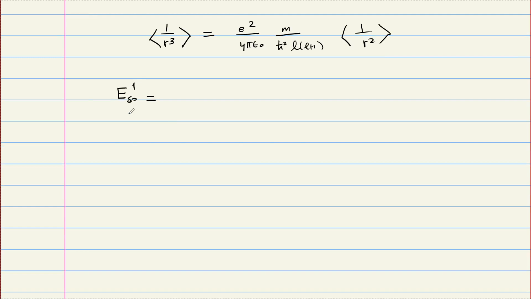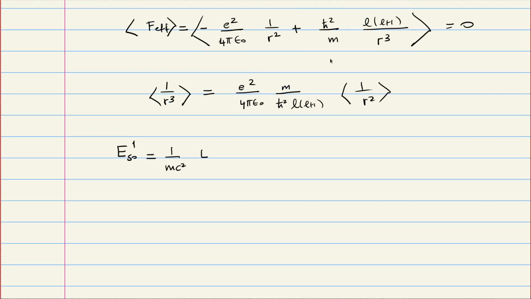So let's write it. E spin-orbit 1 is equal to 1 over mc squared. If you remember, this 1 over r and 1 over r squared, we wrote in terms of En naught, and that's the En naught squared coming here. So this is n divided by l plus 1, this vector, and there is l plus 1/2.